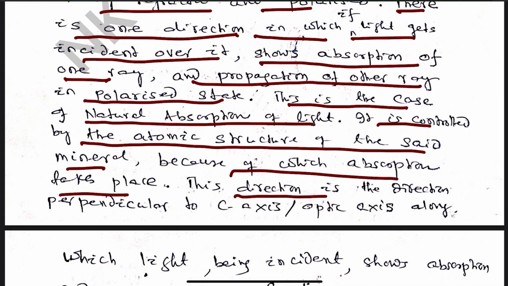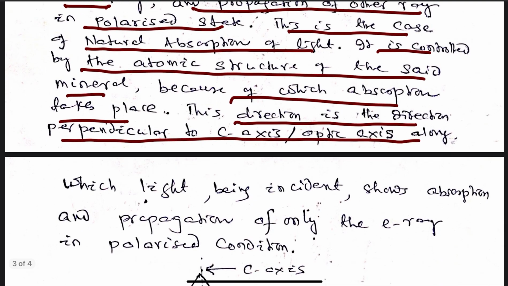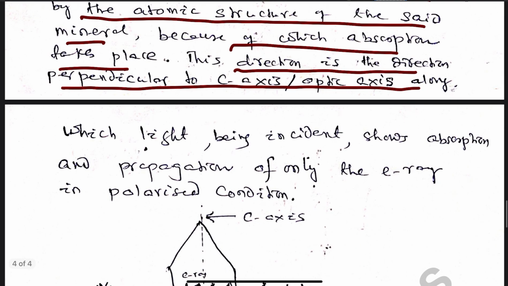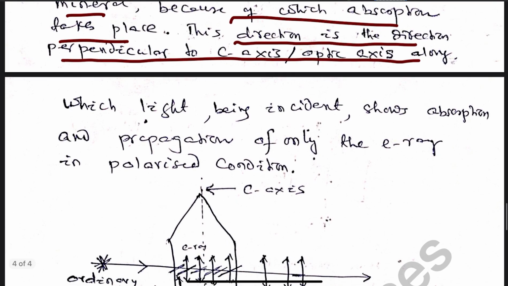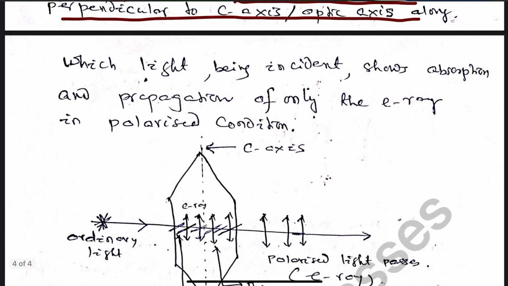The direction along which we see this phenomenon is actually perpendicular to the optic axis. If light is incident over the tourmaline plate perpendicular to the optic axis, in that case this phenomenon is observed.